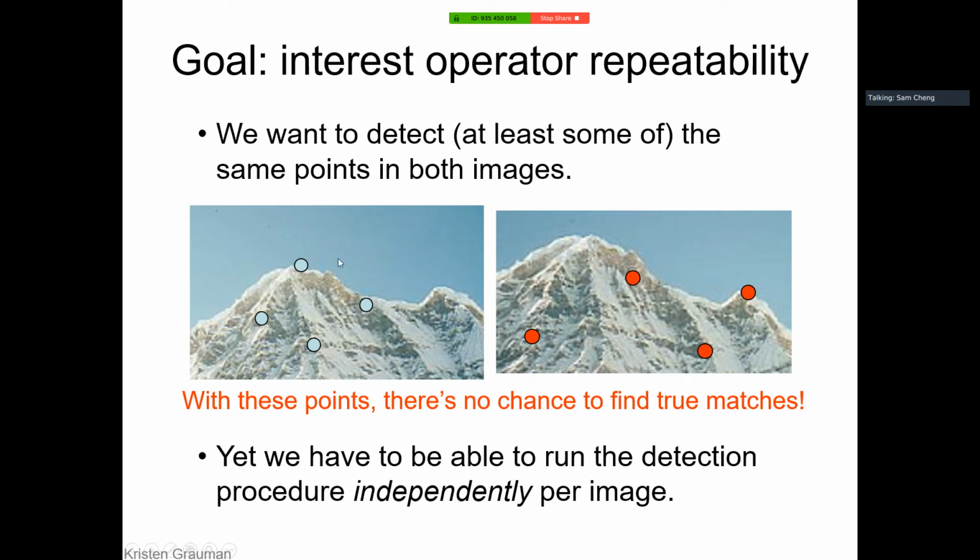Here you have a key point, but here there is no corresponding key point, so there's no way we can match it. So repeatability is important, and hopefully this detection, whether we catch the same point, will be independent of your background or environment, like how you set up the camera.